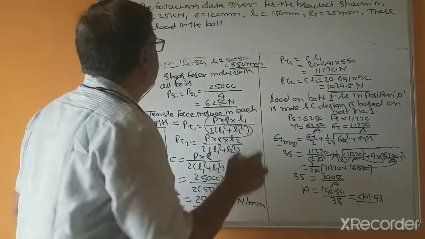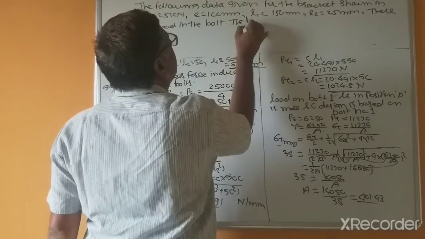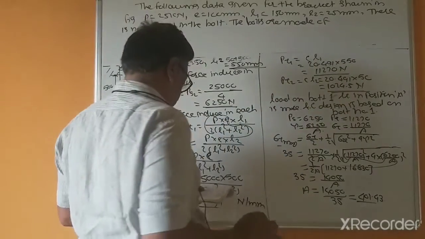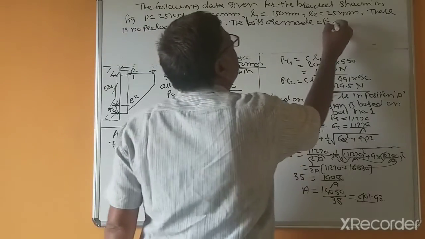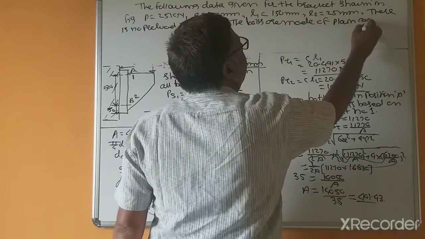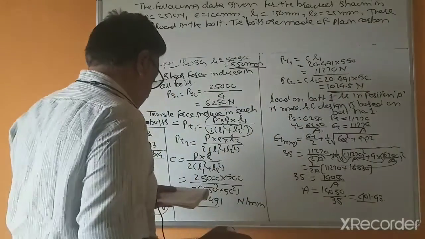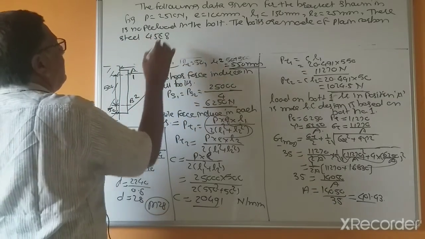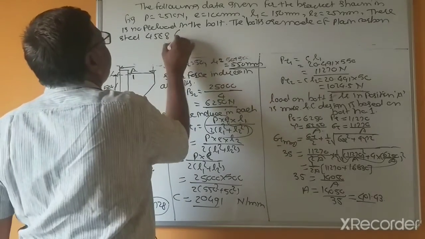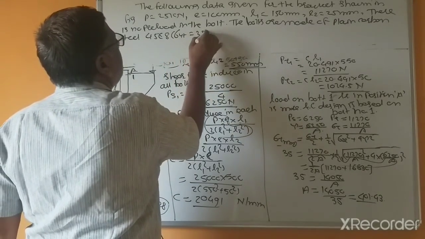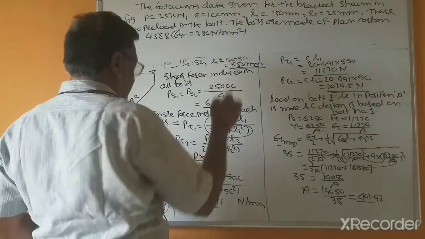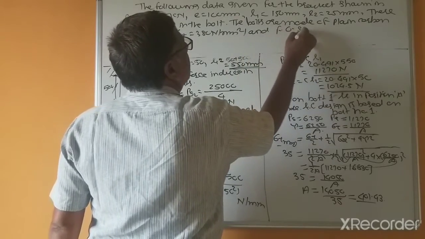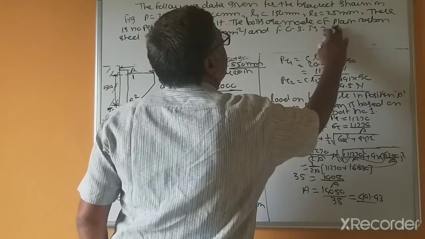The bolts are made of plain carbon steel, 45C8, sigma yt equal to 380 Newton per mm squares, and the factor of safety is 2.5.